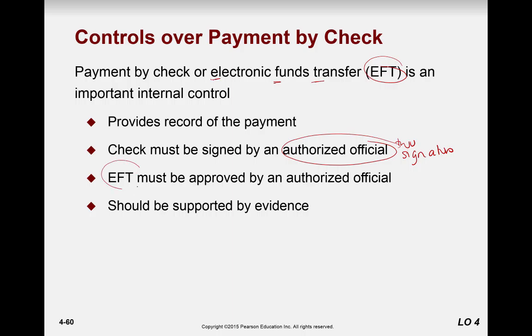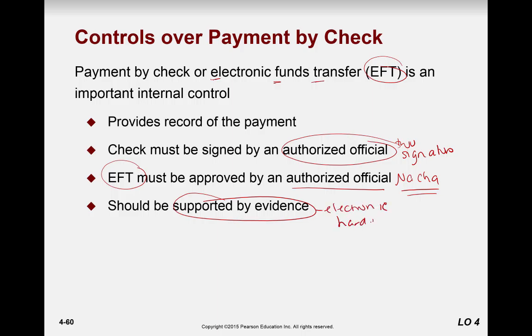Then the EFT must also be approved by a person. For example, somebody would produce a batch, called a NACHA file. That NACHA file is the bank copy, this is how the banks communicate with one another. So these are the people we want to pay, your vendors, and then possibly a controller or a CFO or someone else approves it. And then the evidence, don't get hung up, that evidence could be electronic or hard copy.